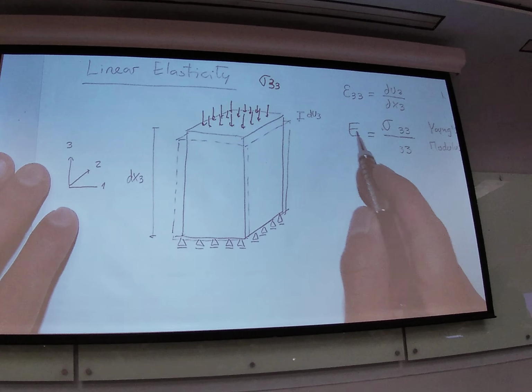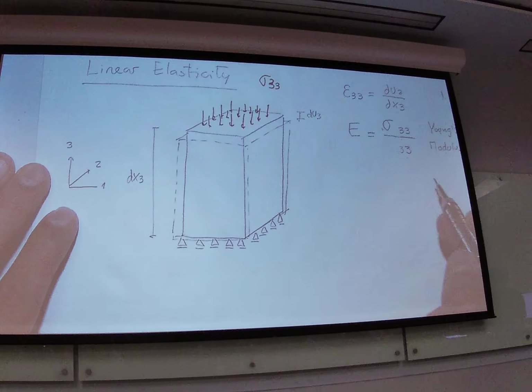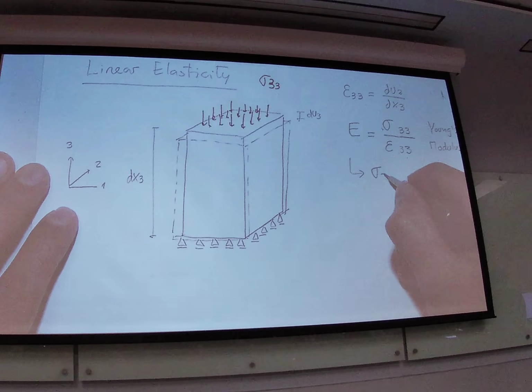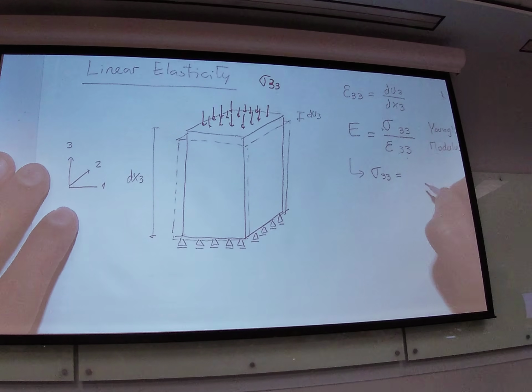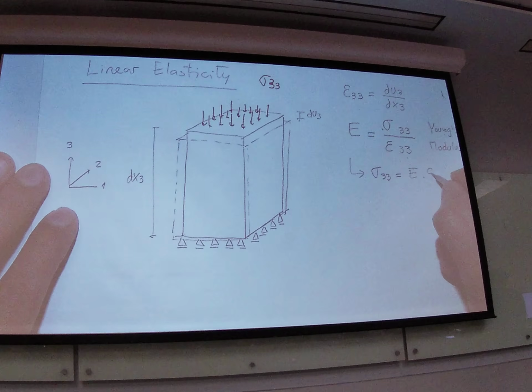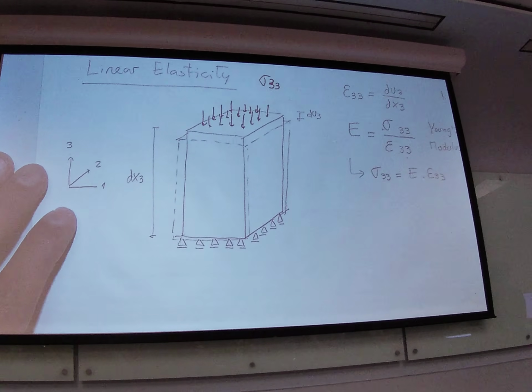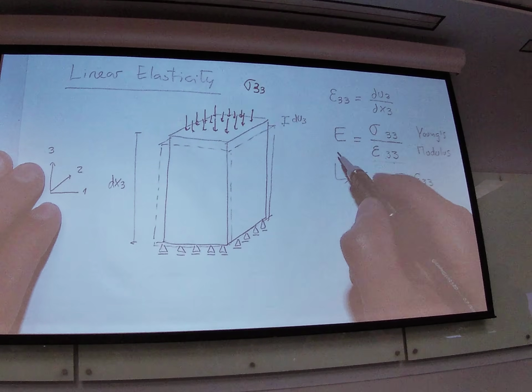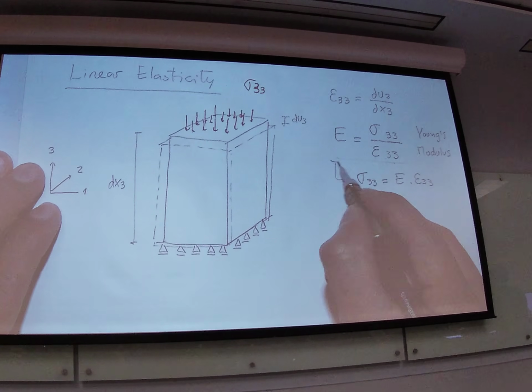I have MPa here and MPa over there. So probably you remember this equation a little bit better by saying that stress is equal to Young modulus times strain. But actually how you define it is like this. And this is the Young modulus.